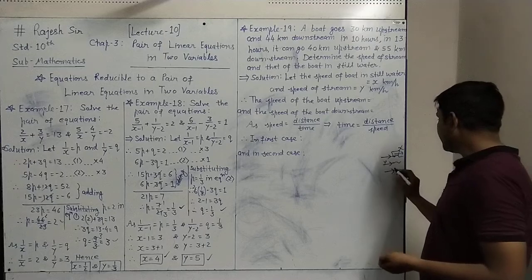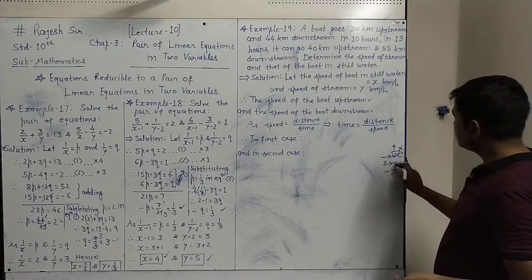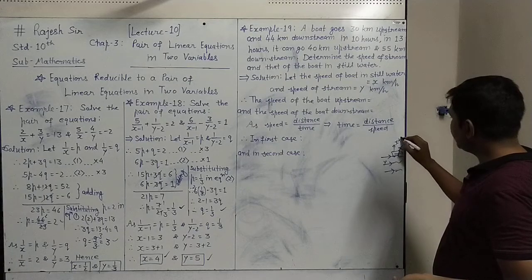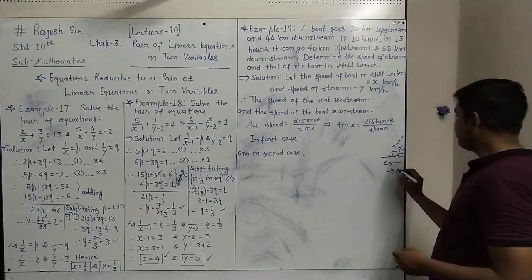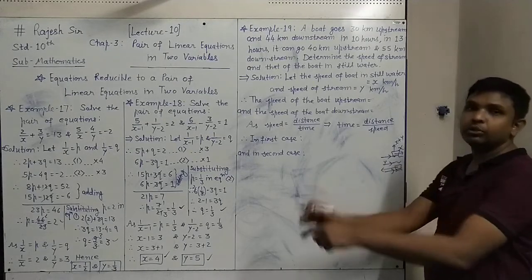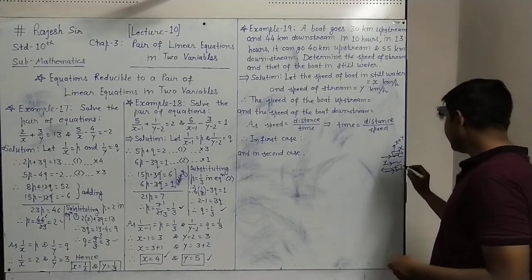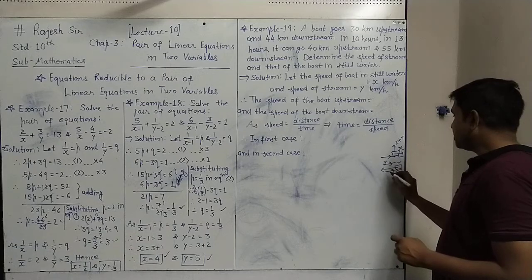And in the upstream case, if a boat is moving opposite to the flow, at that time the boat speed is x we have considered, and the stream speed is y.